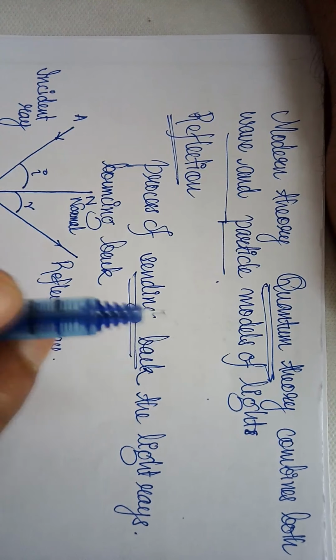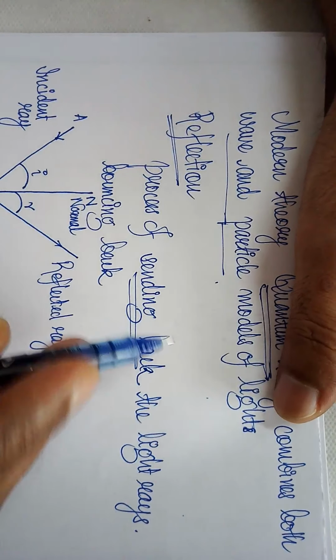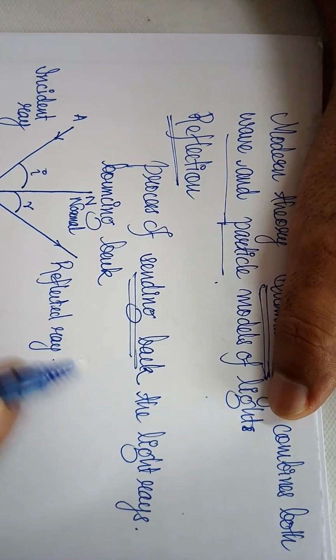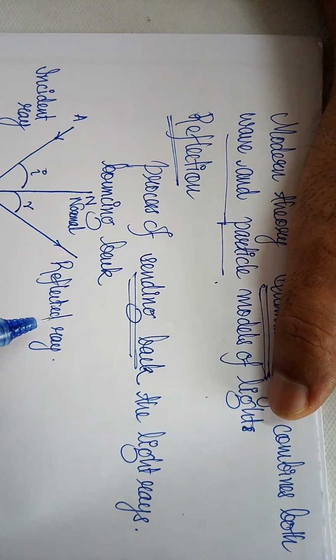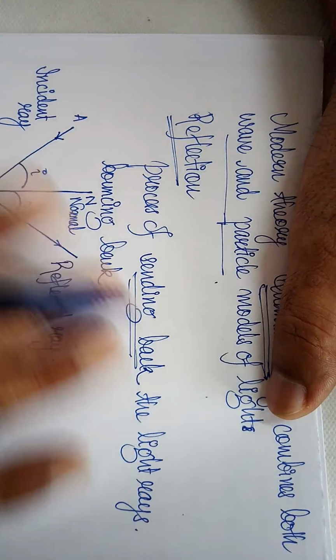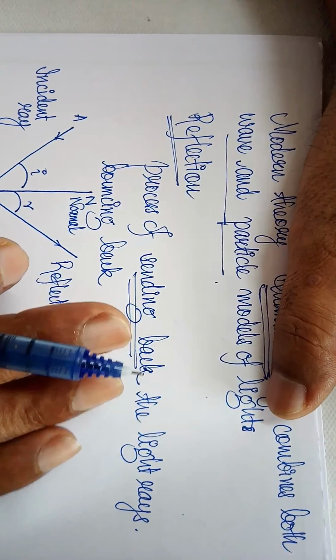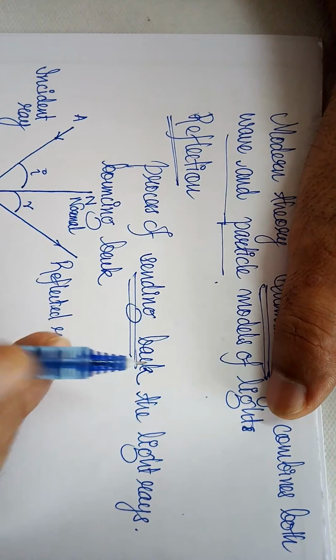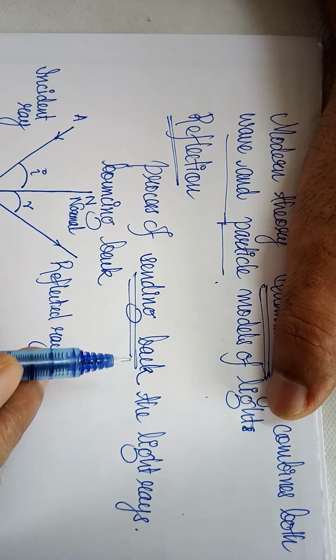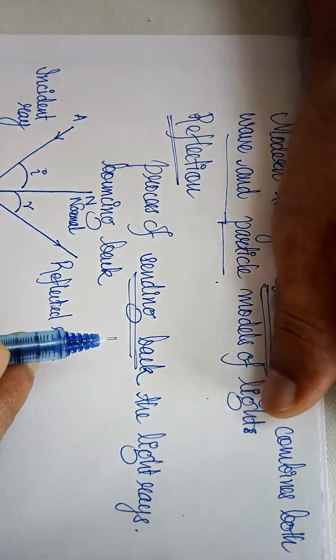That is why ordinary mirrors are made by depositing a thin layer of silver metal on the backside of a plain glass sheet. The silver layer is then protected by a coat of red paint. The reflection of light in a plain mirror is due to the silver surface on it.